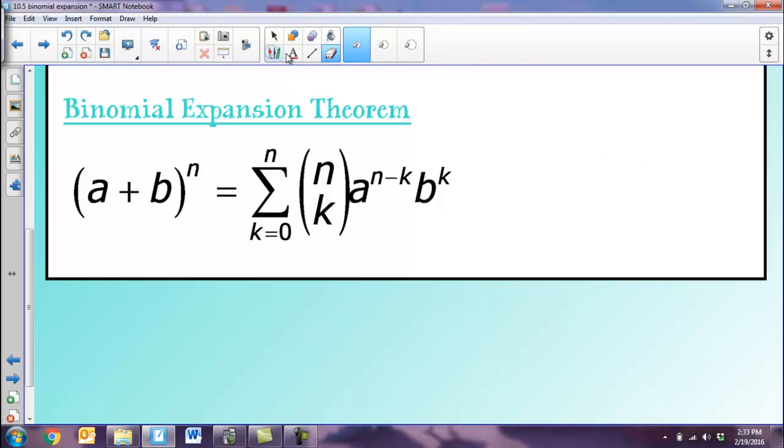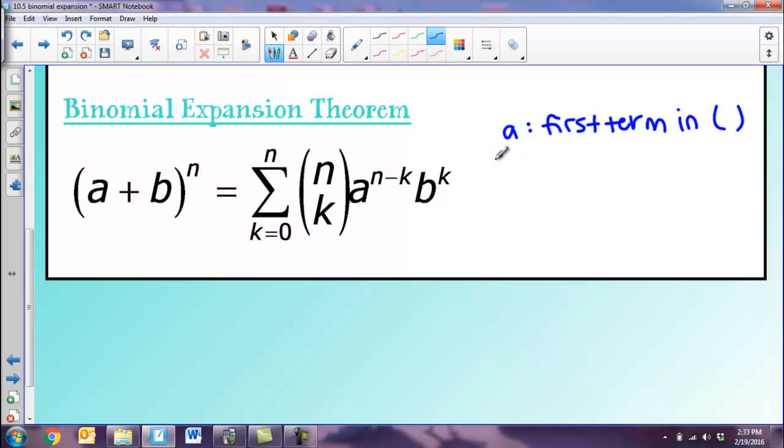The first thing is the a that we see. So the a is just the first term in the binomial, the first term in the parentheses. And b is going to be the second term in the parentheses. Then this n, if you notice, these n's match. All of these n's are the same thing.